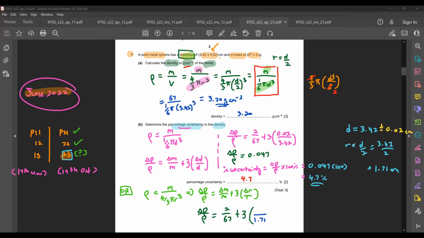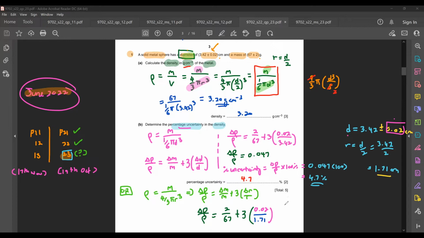They remember to divide to get the radius value by dividing the diameter, but somehow they forgot to do anything about the absolute uncertainty for the diameter. They just straight away use the absolute uncertainty for the diameter for the radius instead, where they put here 0.02.